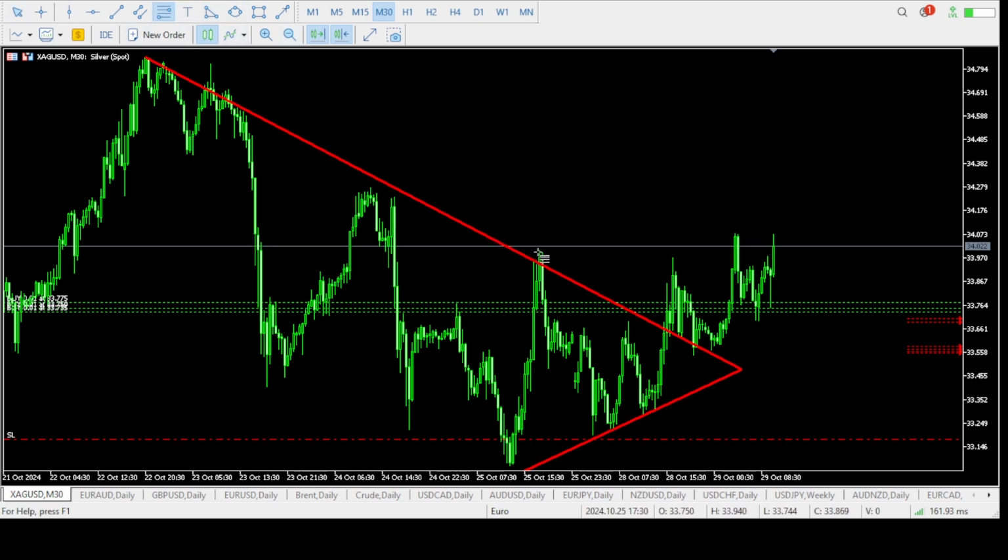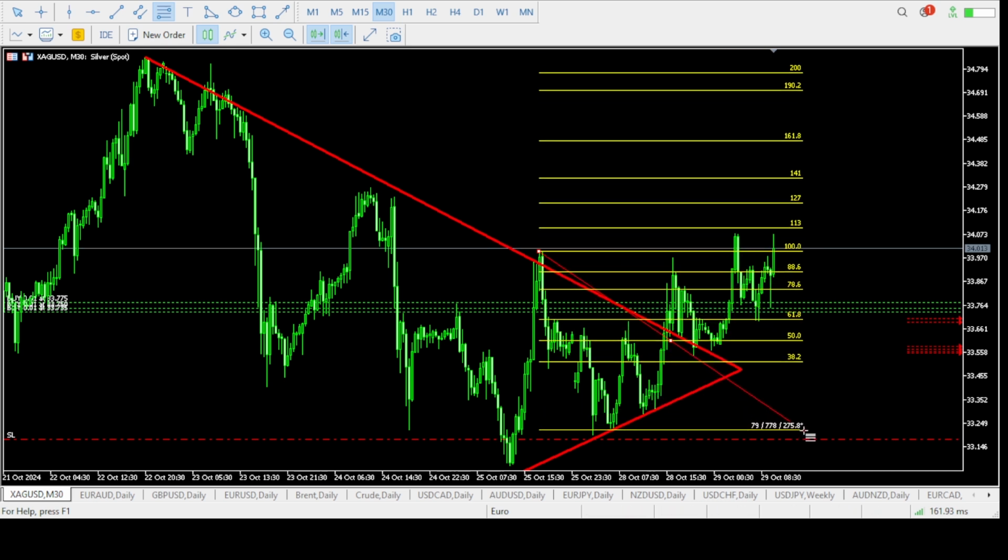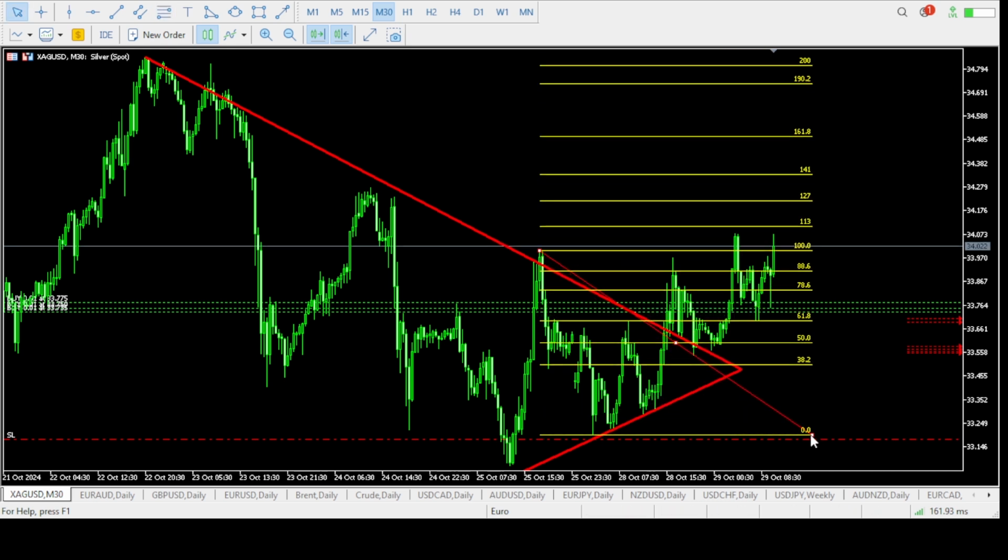You can see an MW structure, which is a Gartley. I've showed that before. In this Gartley, the Gartley is still active, but once the price closes above 113% Fibonacci level, then the Gartley has played out. You can see.